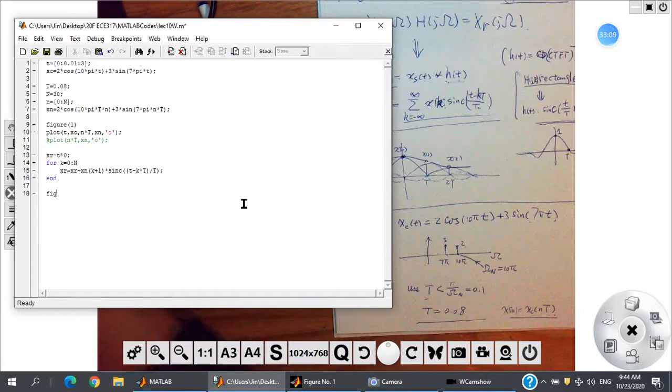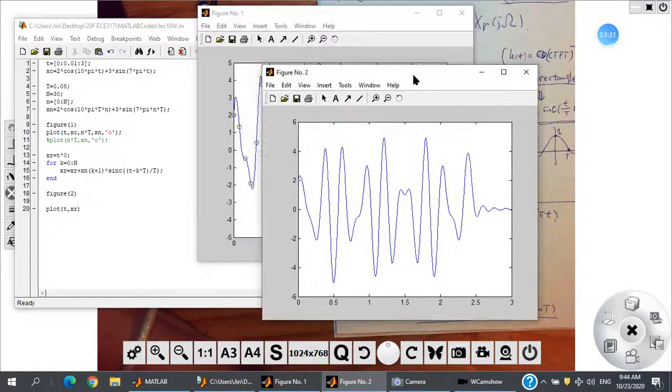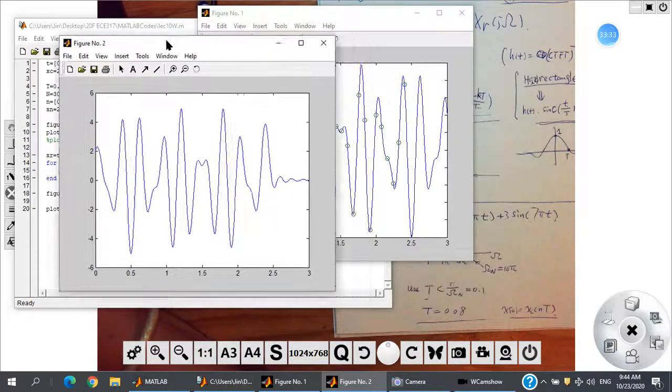And for figure 2, I just plot t and xr. Okay, let's see. I have a hole? No, I don't have a hole. Okay, it's fine. This is figure 2, that is figure 1, you see?